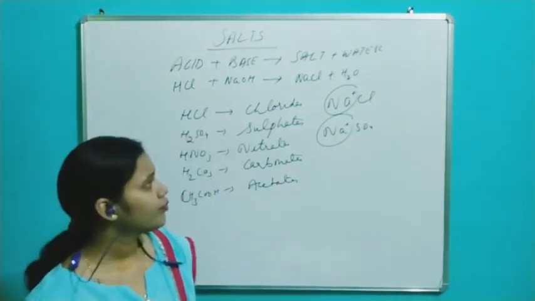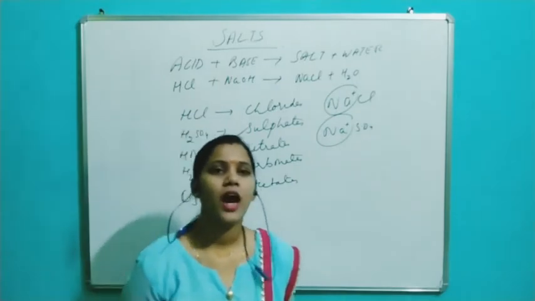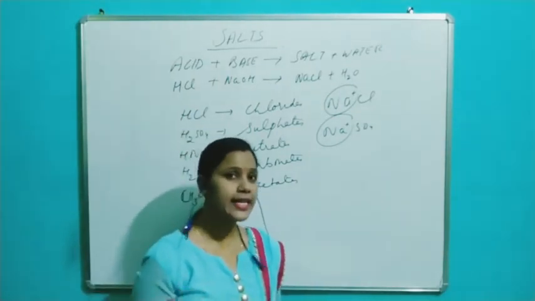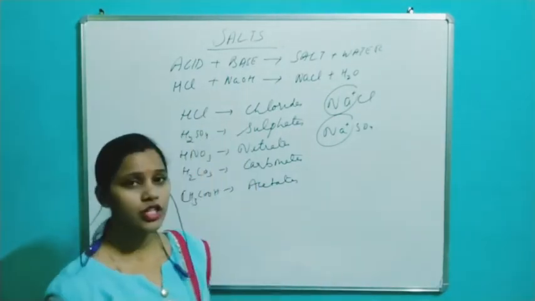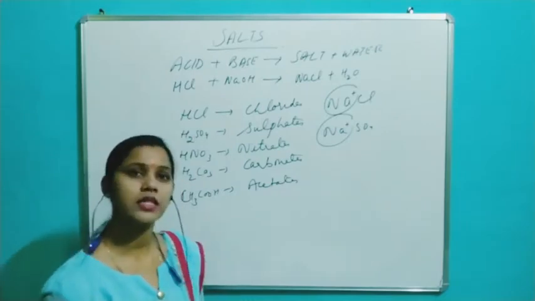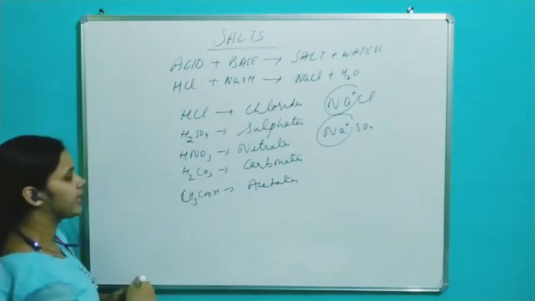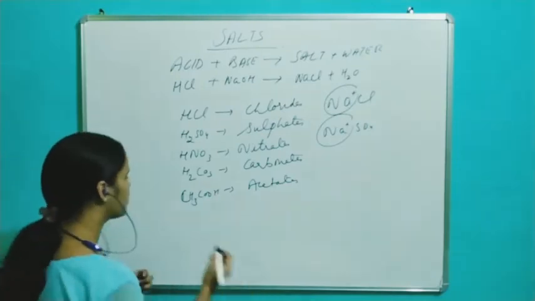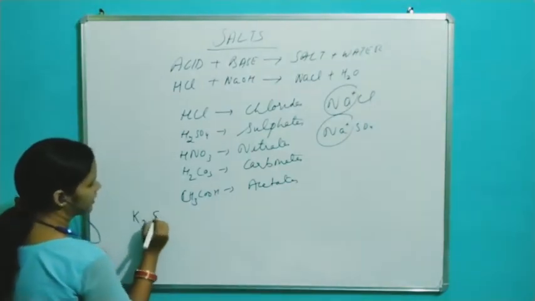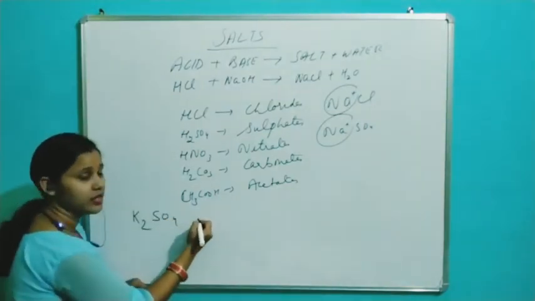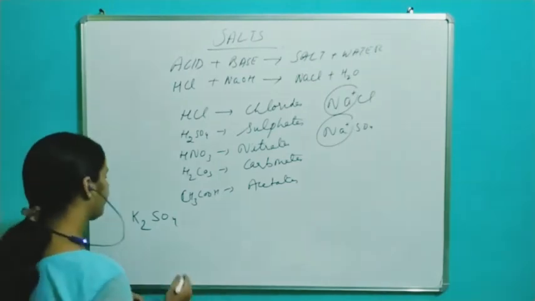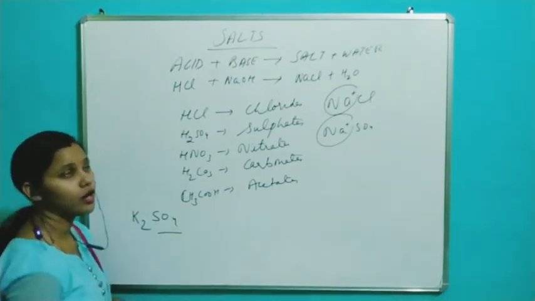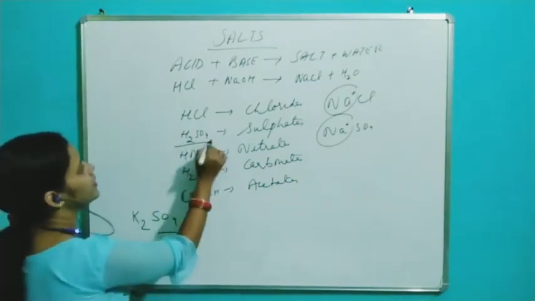Now suppose we are provided with a salt, we can easily identify which acid and base are present in it. For example, suppose I say potassium sulfate, K2SO4. Identify the acid and the base. You can see it is a sulfate salt, that means it is formed from sulfuric acid.